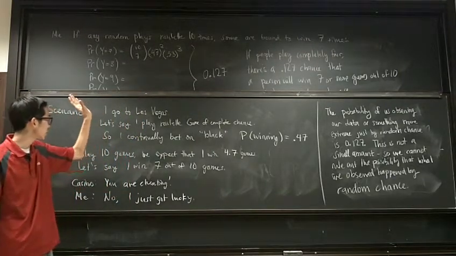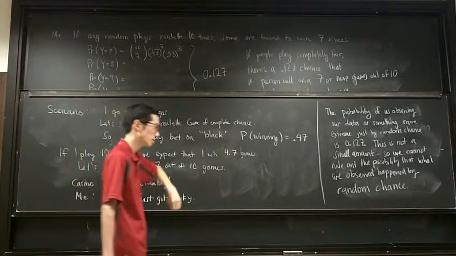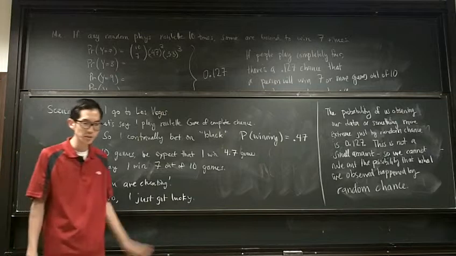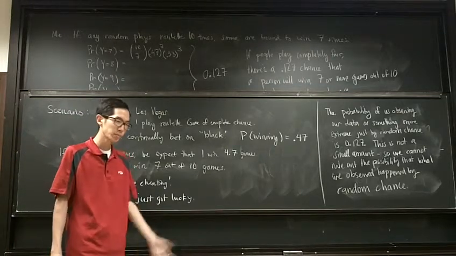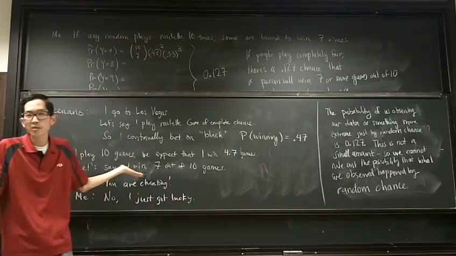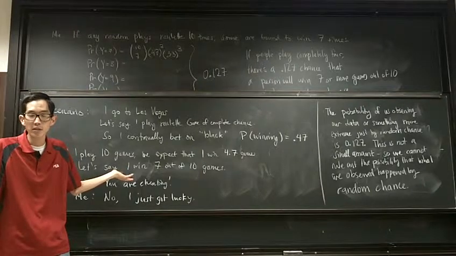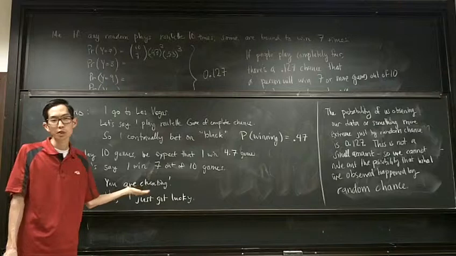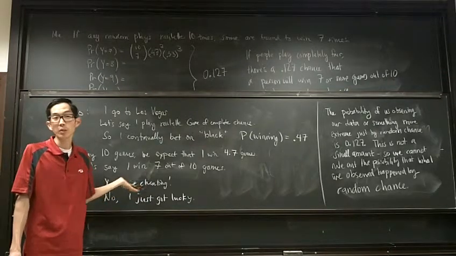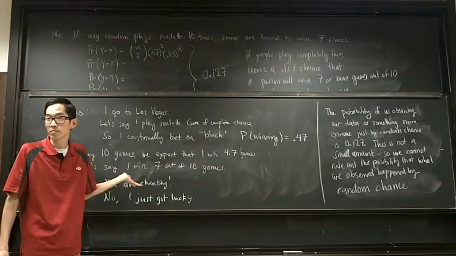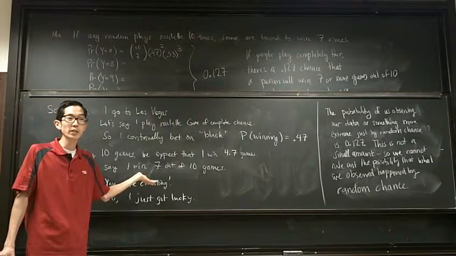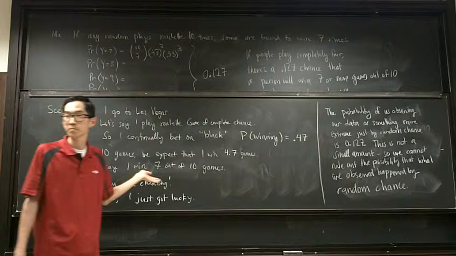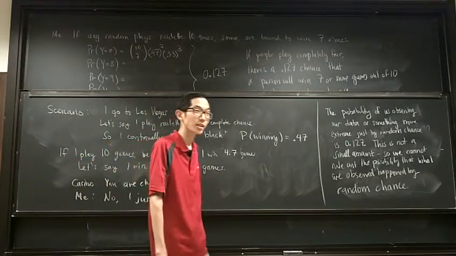So my argument is, okay, I see what you're saying. 7 out of 10 games, that's more than what we expect, but that happens about 13% of the time anyway. And because it happens 13% of the time anyway, we shouldn't rule out the possibility that maybe I did actually just get lucky. Does this prove that I'm innocent and that I'm not cheating? No. I could actually be cheating.